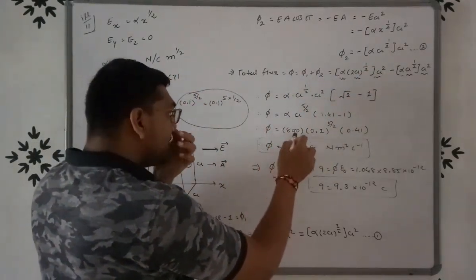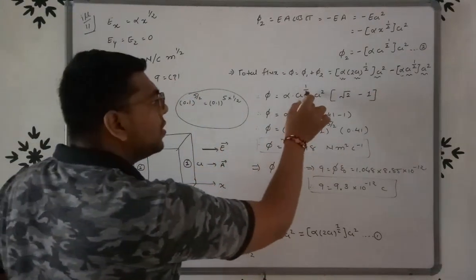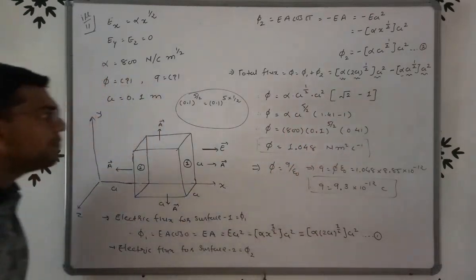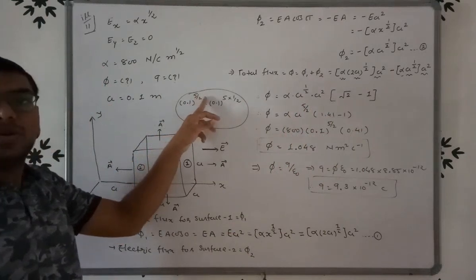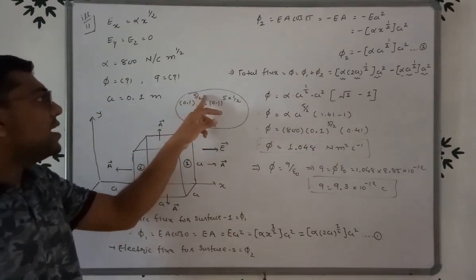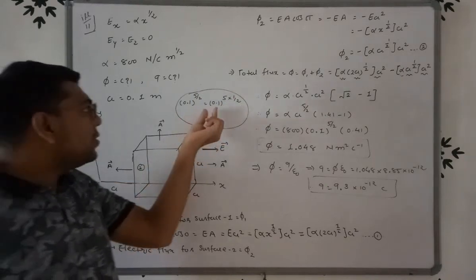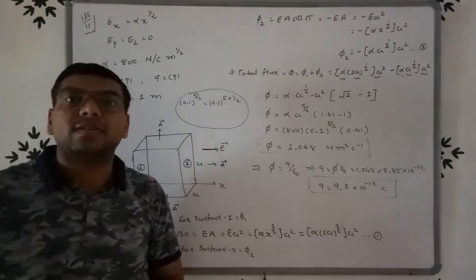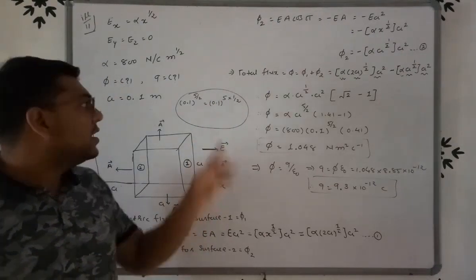Alpha is 800, A is 0.1 raised to 1 by 2 plus 2, that is 5 by 2, into 0.41. To find 0.1 raised to 5 by 2, separate 5 by 2 into 5 into 1 by 2, so find 0.1 raised to 5, that is 0.1 five times.